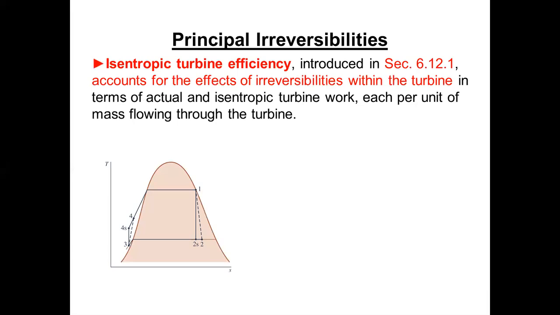So anytime you hear isentropic efficiency, a little light bulb should go off in your head and go, oh, this is a comparison of a real device to an ideal device. And then you have to work from there to figure out how you write the equations. But it's pretty simple. If you can get the general concept right, then the rest of it follows with common sense.